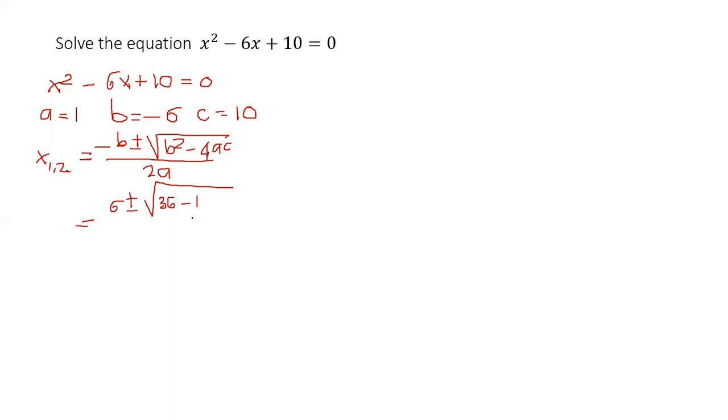Okay, over 2 times 1, 2. Okay, so it becomes 6 plus or minus square root of negative 4. So I will convert square root of negative 4 into 2i.